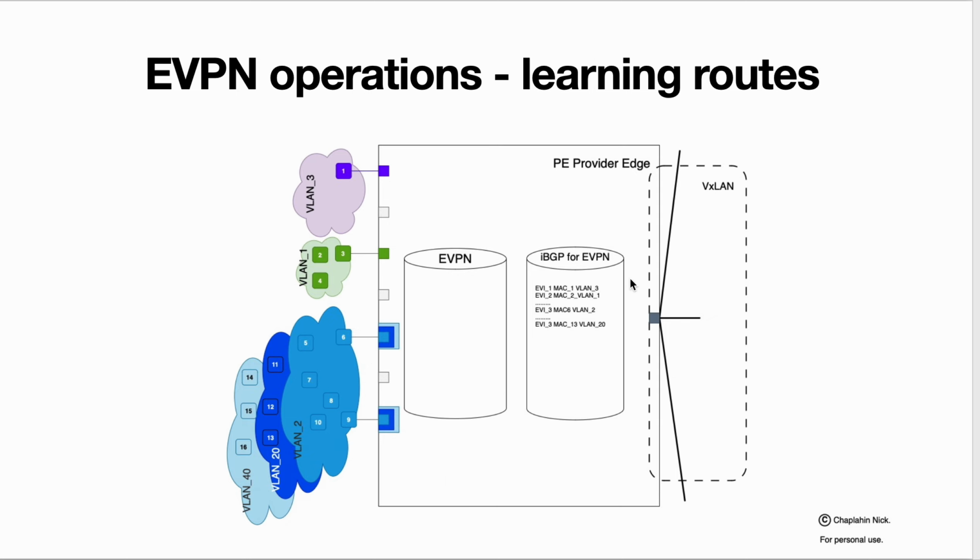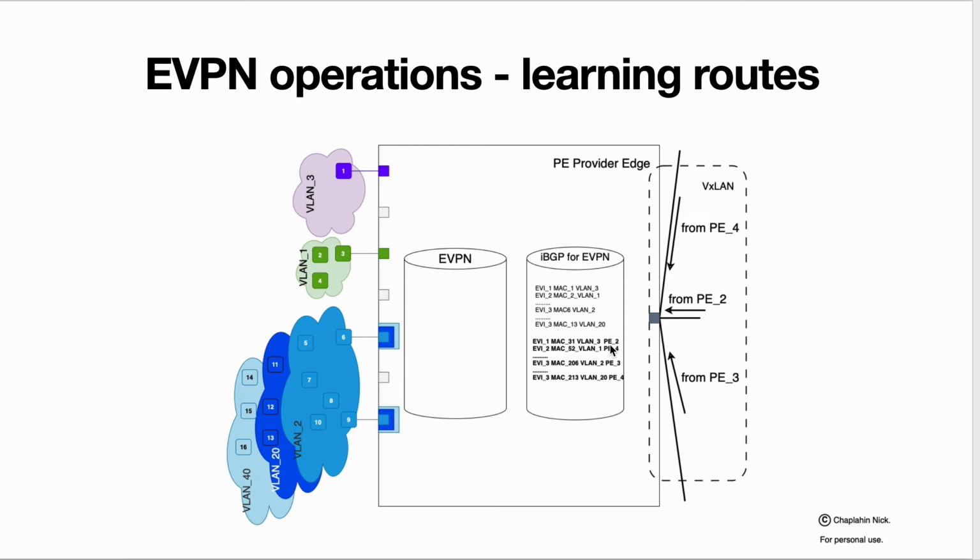Okay, we have sent our routes to other provider edges. Other provider edges perform the same operation and send their routes to us. Those routes get to BGP for EVPN with information from which device, from which provider edge, we received them.